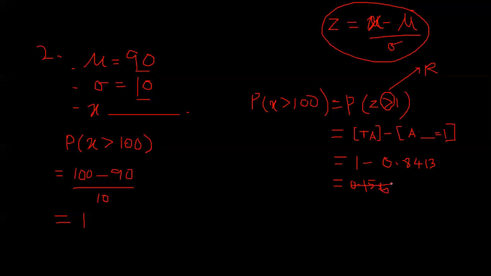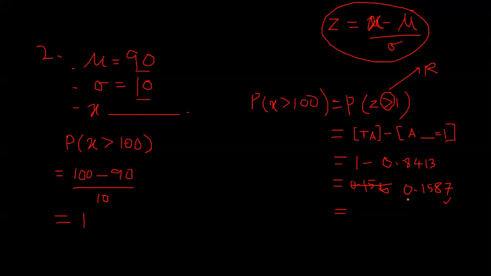So you will get 1 minus 0.8413 is 0.1587. So the final conclusions based on this question, this is not the final answer yet, although the value you get is correct.